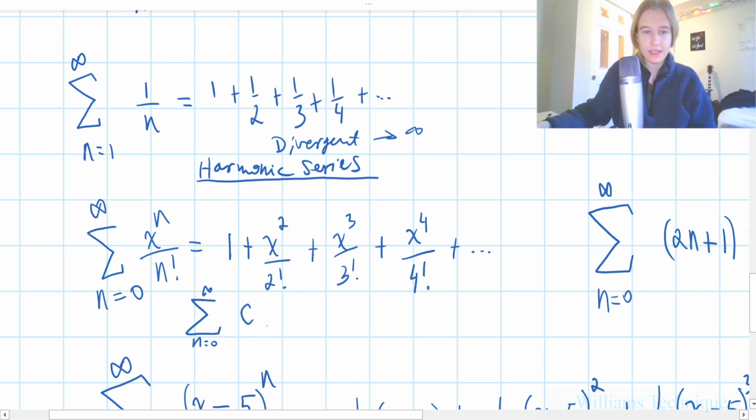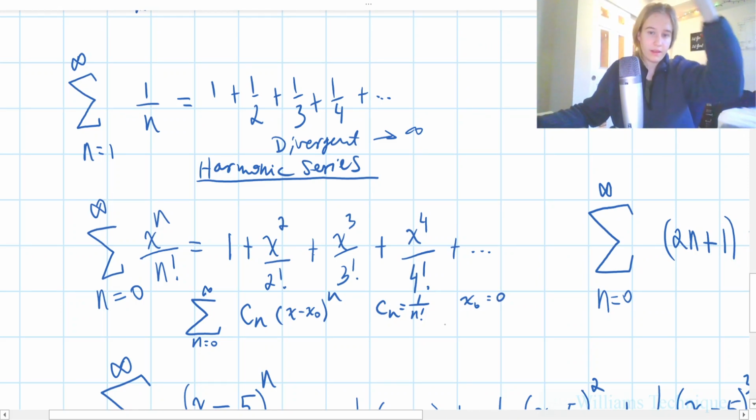I mean, we could see that this fits the general format of the power series where we have Cn times (x minus x naught) to the n, where Cn is equal to 1 over n factorial, and then x naught is equal to 0.